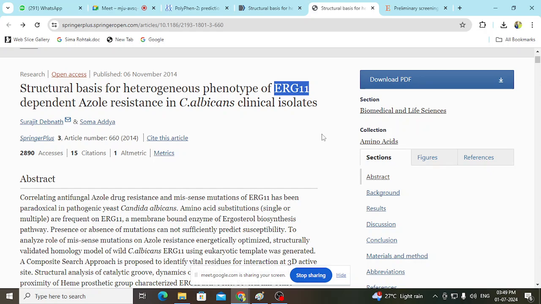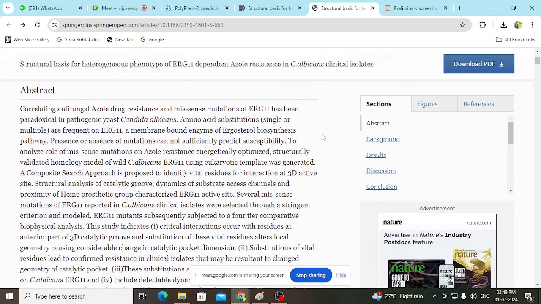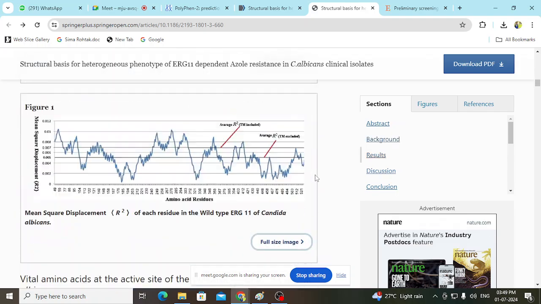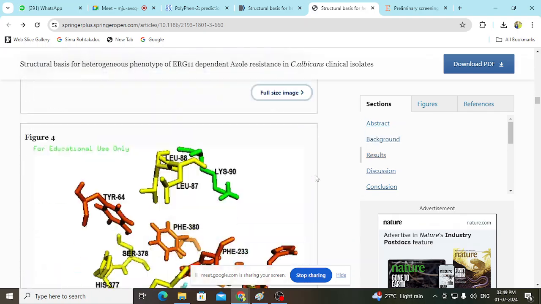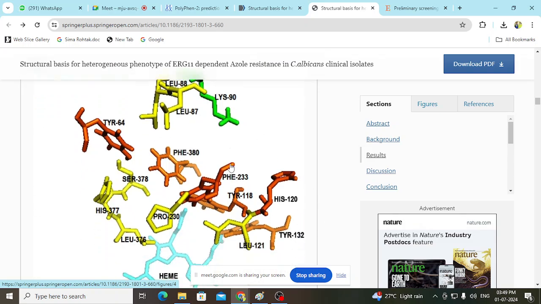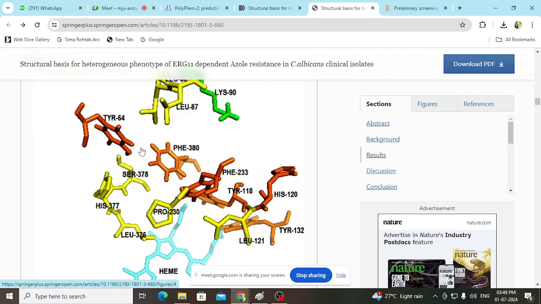In fungi, it is known as lanosterol. It's a sterol molecule only, but a bit different from cholesterol. So we studied the enzyme first, and then eventually we started to find out the functional amino acids. For example, tyrosine 64, lysine, leucine, phenylalanine, serine, histidine, proline, leucine, phenylalanine, tyrosine, histidine. These are the amino acids which are present on the active site of the protein.